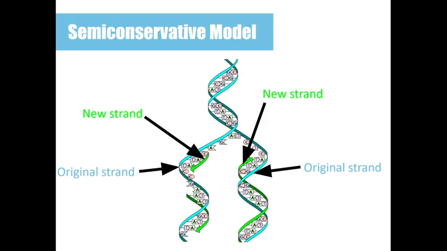With this kind of model, you can see represented by the different colors that we have our two different strands. Our original strand is represented by our blue line over here, while we have our new strand coming in green to wrap around it to make our two exact copies of this one DNA molecule.